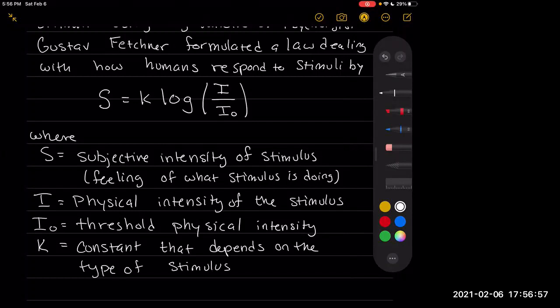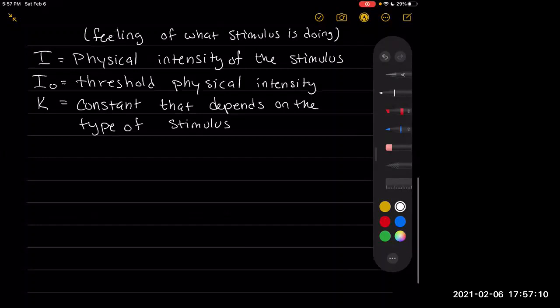Okay, and now we're going to use an example using common logarithms. So, example.